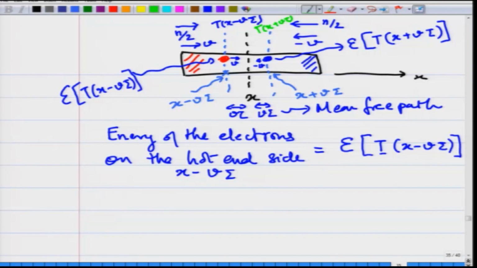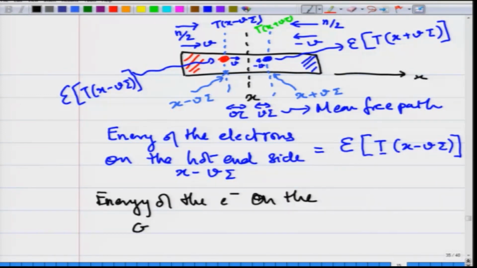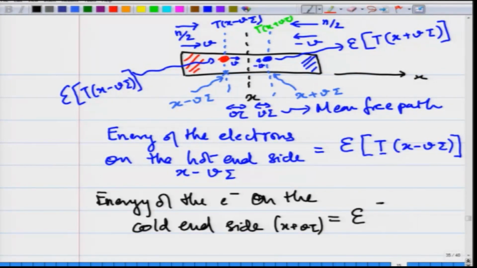So, the energy of the electrons on the cold end side at x plus v times tau is governed by the temperature at x plus v times tau, because the sample has a temperature gradient, and then only will there be some flow of energy.